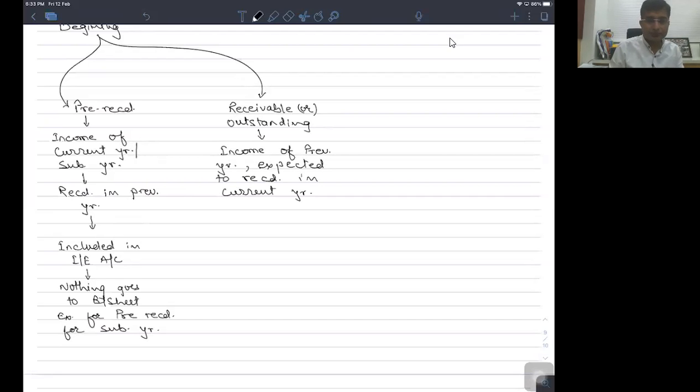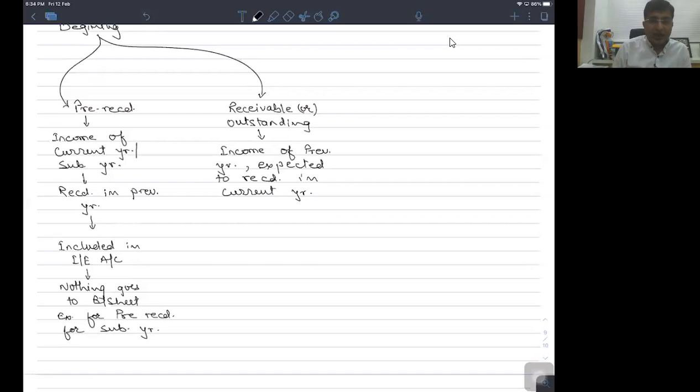Correct? Yes. Subsequent year income means received for 2 years together, 3 years together, kind of that. All right? So income of previous year expected to be received in current year.